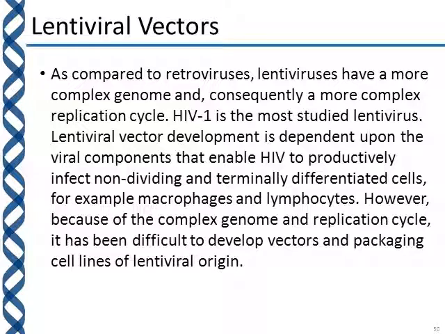Lentiviral vector development is dependent upon the viral components that enable HIV to productively infect non-dividing and terminally differentiated cells, for example, macrophages and lymphocytes. However, because of the complex genome and replication cycle, it has been difficult to develop vectors and packaging lines of lentiviral origin.